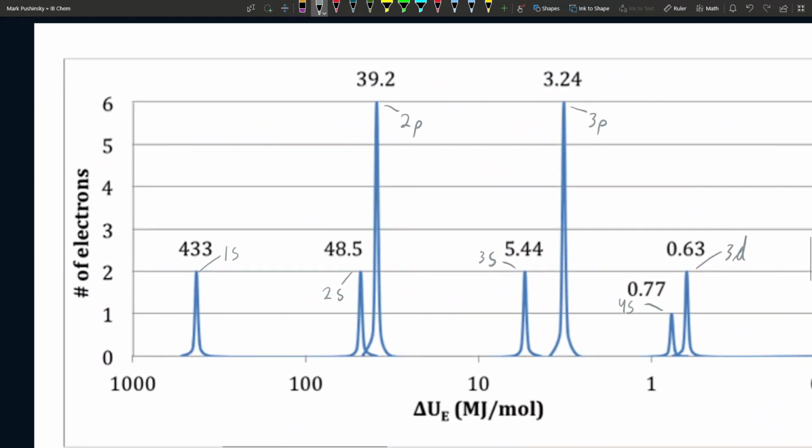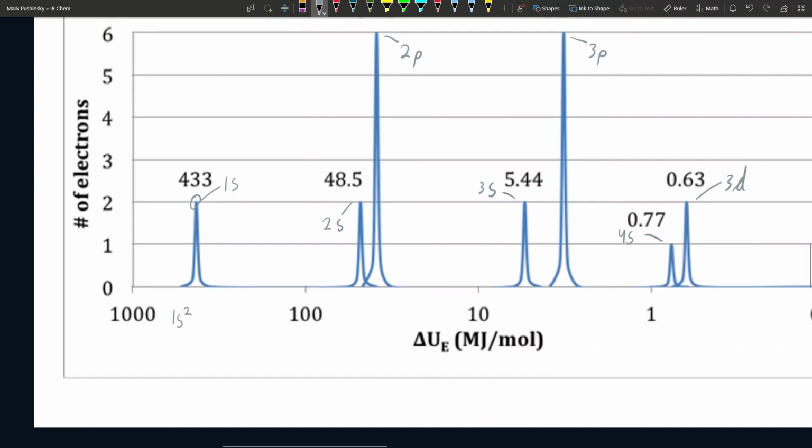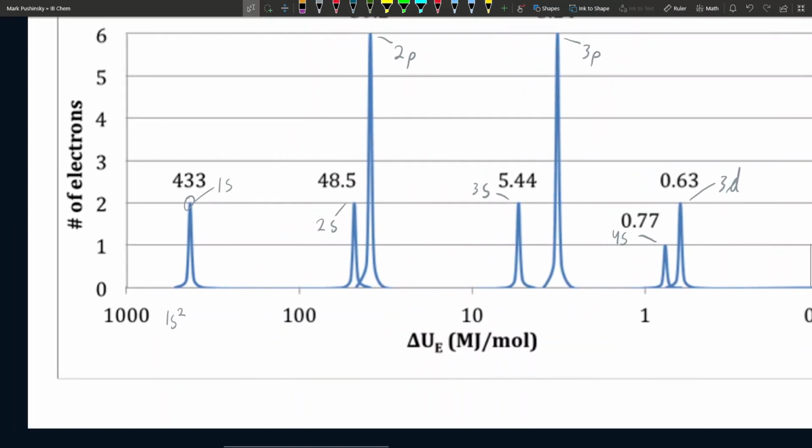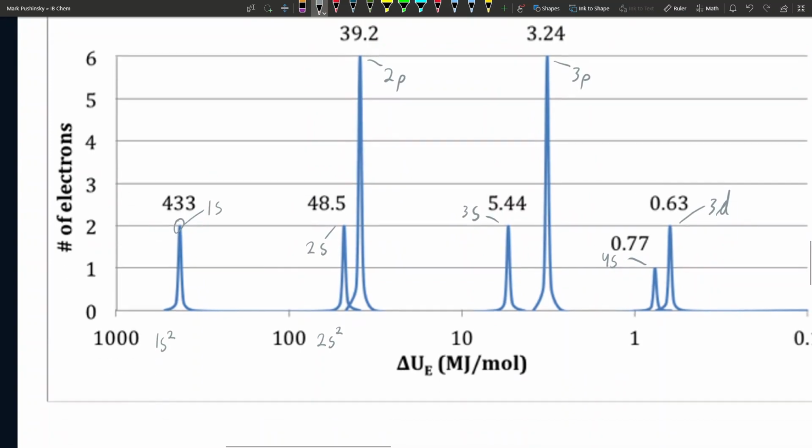If we look at where each peak lines up with the number of electrons, we can see that this first peak here at 433 megajoules per mole has 2 electrons. So it would be 1s2. In the second peak, it's 2s, and there are 2 electrons, so it's 2s2. On the third peak, it goes all the way up to 6 electrons, so this is filled up to the max.